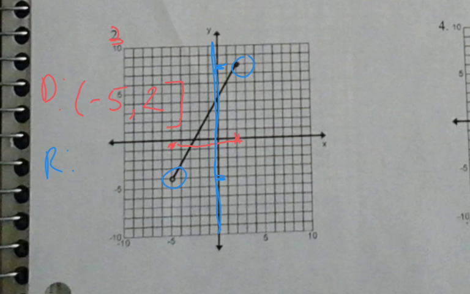So our range for this one is parenthesis, -4, comma, 8, bracket. And we use a bracket because it's included in the function and it is defined. So -4 is not defined, 8 is defined.